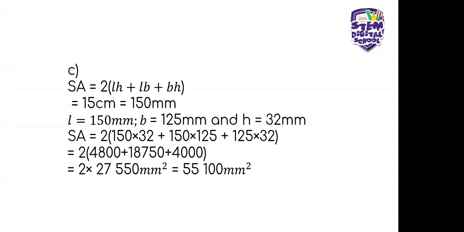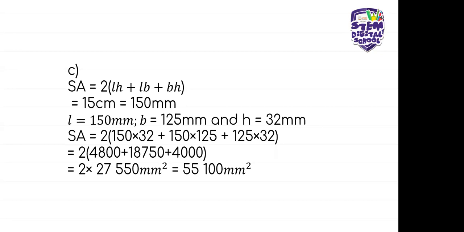And of course, that is 15 centimeters, which now becomes 150 millimeters. Remember that if you convert from centimeters to millimeters, you multiply by 10. Why do you multiply by 10? That is for the simple reason 1 centimeter is equal to 10 millimeters.